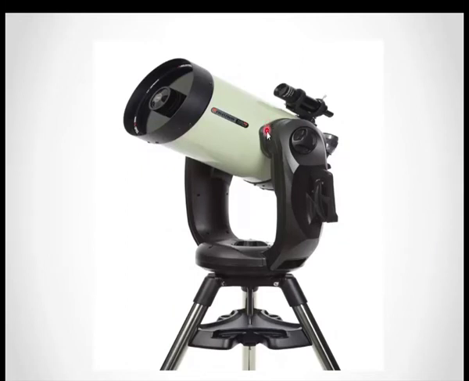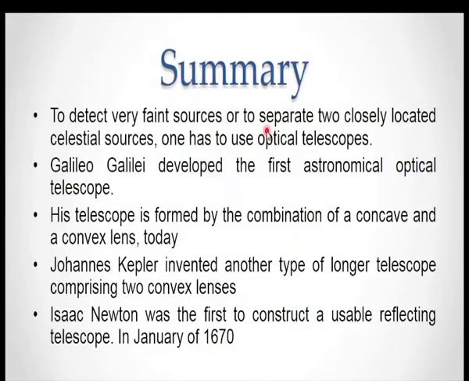So in this lecture we have learned the fundamentals of the telescope. Telescopes are instruments used to detect very faint sources and to separate two closely located celestial sources. Galileo Galilei developed the first astronomical optical telescope. His telescope was formed by the combination of a concave and a convex lens.